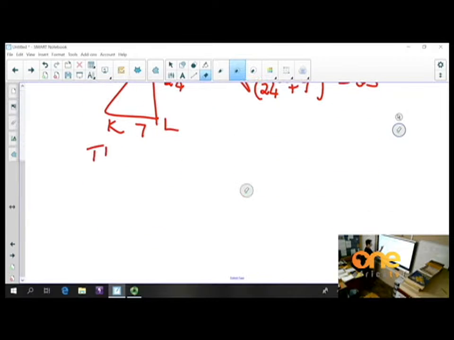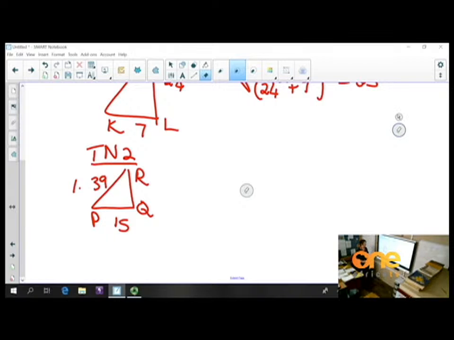Right, Try Now 2. So I keep on drawing the sketches. This time Q is 90 degrees, PQR, and now we say QP is 15 and PR is 39. Now we want to find the other side, and that means that we're going to subtract.